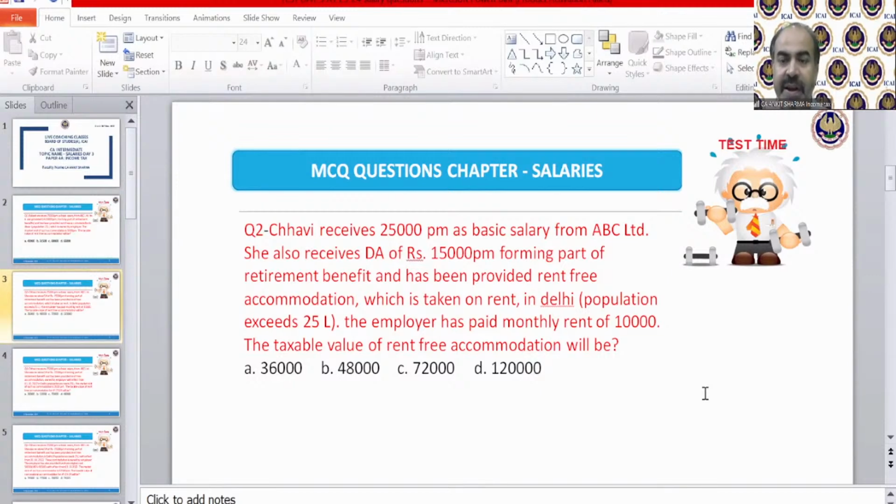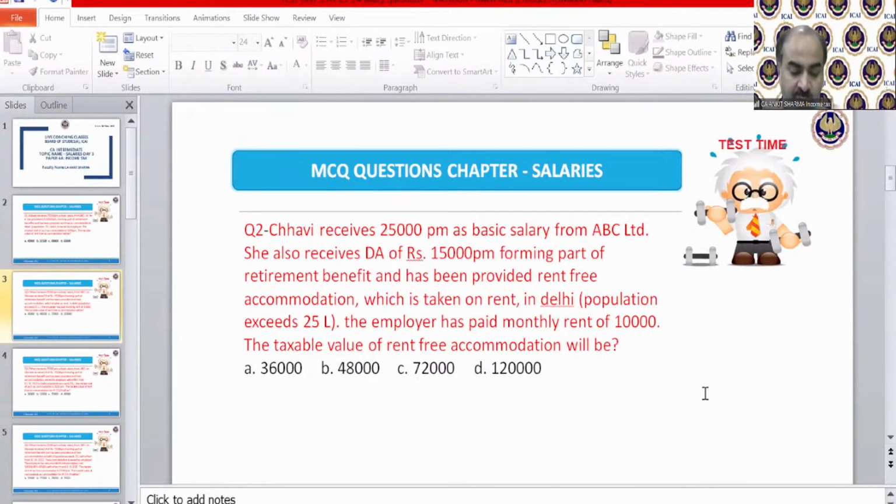That is 72,000. Because Chavi received 25,000 and DA is forming part of benefit, that means it will be 40,000. You need to take 15% of 40,000: 40,000 into 12, the yearly salary, and then 15% of that, comparing with the rent of 10,000 rupees per month. So rent paid is 1,20,000, and the other figure would be 72,000.